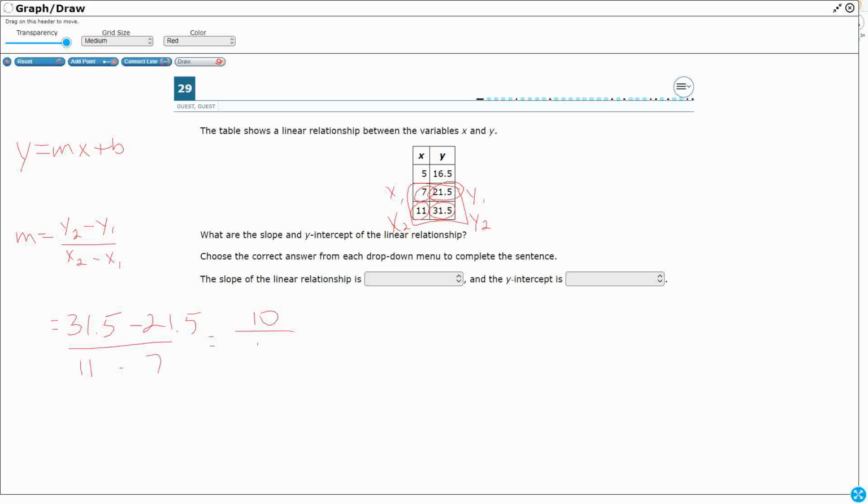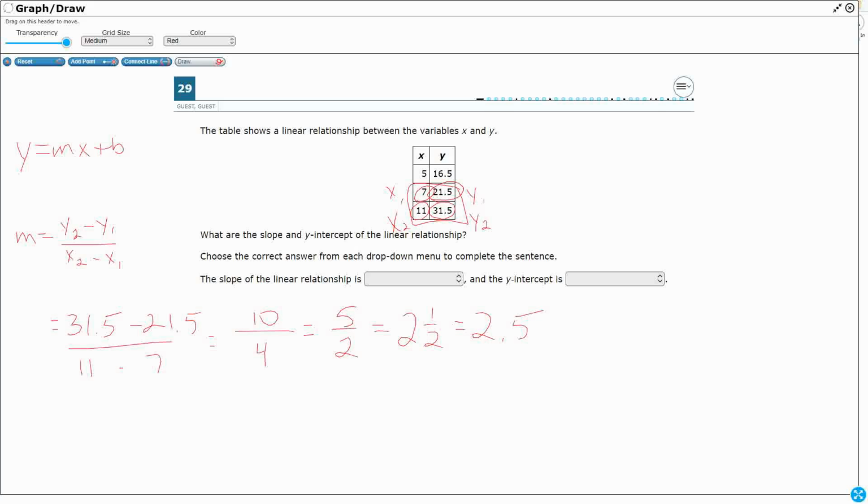So that 11 minus 7 is 4. All right, so I've got 10 fourths, which is 5 halves. Don't know if they want this in a decimal or a fraction, so I can go ahead and make this a 2.5. All right, so any way you look at it, your slope is going to be 2.5.